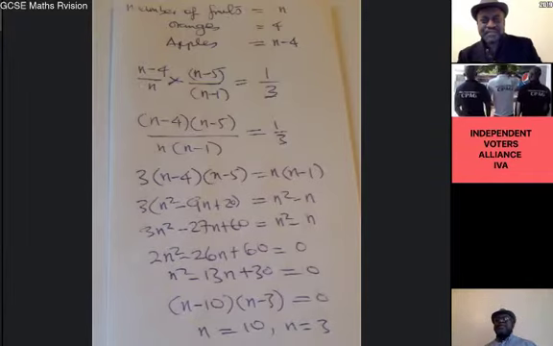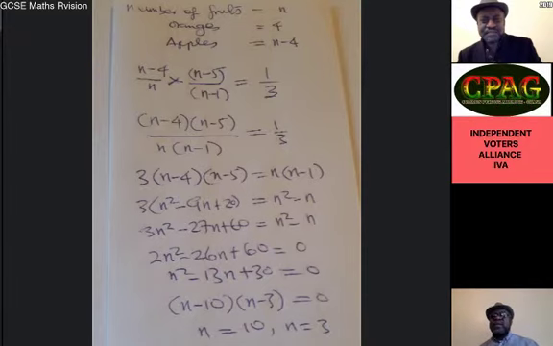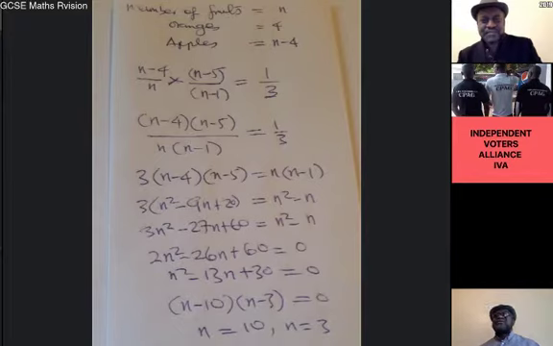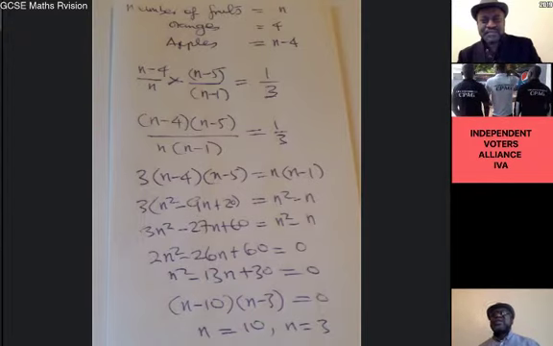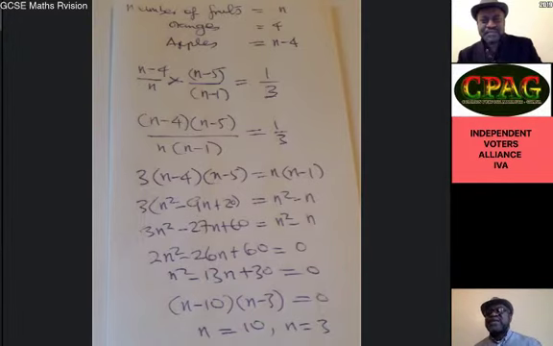Again, the number of fruits in the bowl has been reduced by 1. So the denominator is no longer n. The total number of fruits in the bowl now is n minus 1.